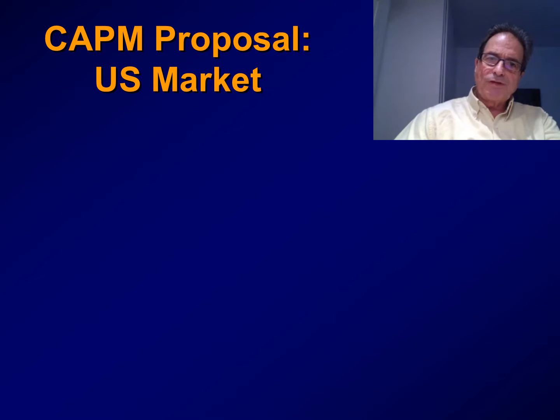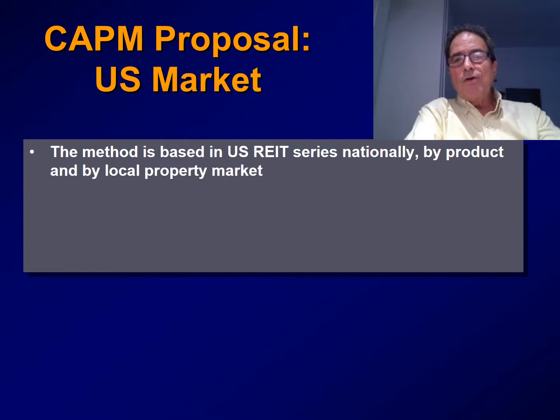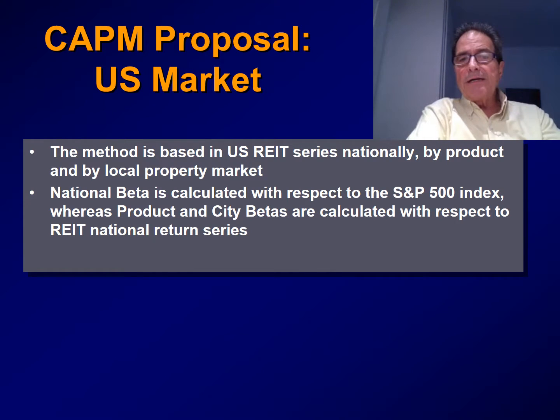Let's look at the proposal, which was developed for the US market. The method is based on US REIT series at the national level and also by product and by local property market. The national beta is calculated with respect to the Standard & Poor's 500 index, whereas product and city betas are calculated with respect to the REIT National Return Series.